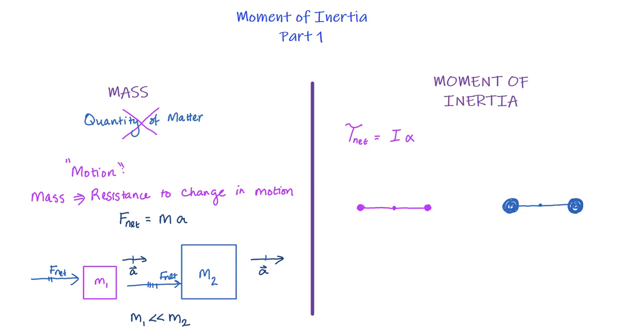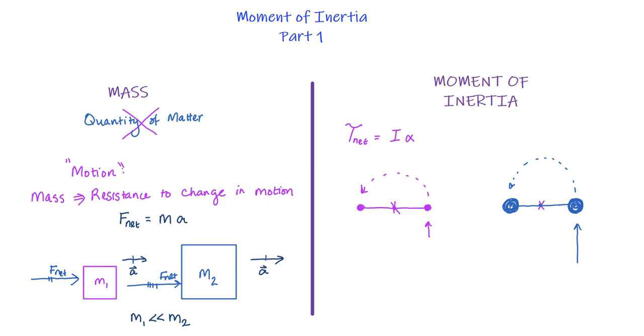And what I might see in this example is that if I wanted to start spinning these, keeping in mind they're fixed at their centers, and I push on one side so that I can start to spin this contraption, over here I'm going to need to push with a greater force or achieve a greater torque in order to achieve the same angular acceleration.